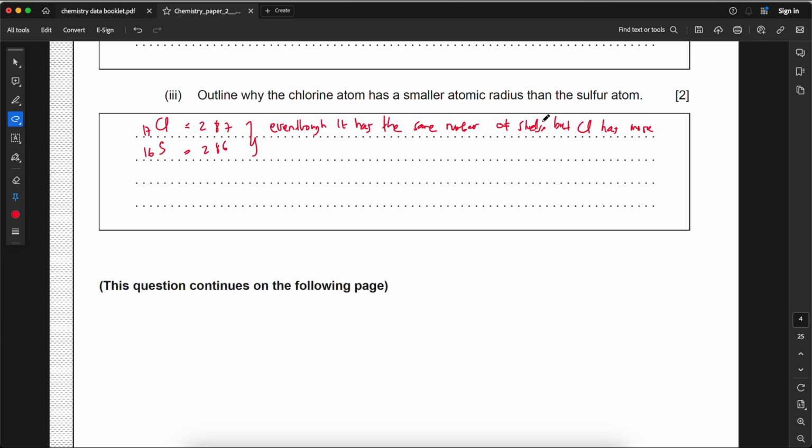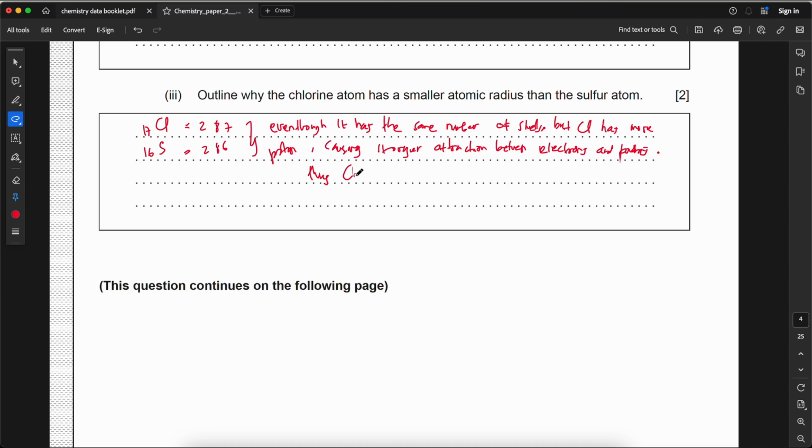has more protons, causing stronger attraction between electrons and protons.